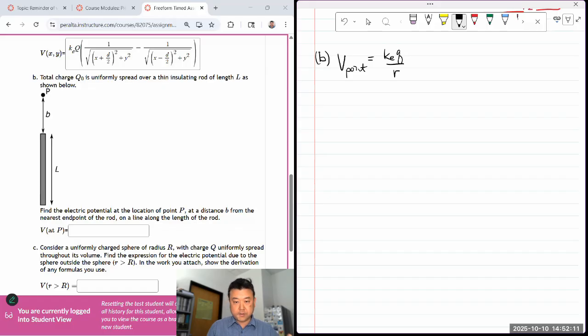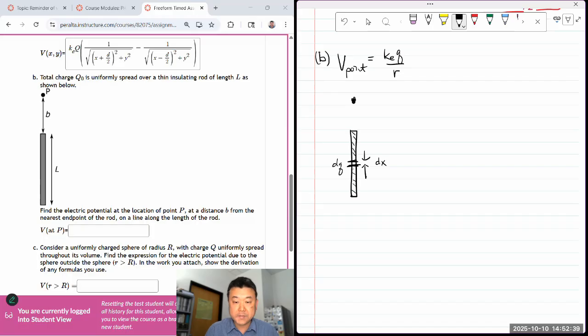So it helps to set up the integrand for a representative point. You can't use the formula for the point charge directly for the entire rod because it's spread out. Not all charges are at the same distance. So I'm going to consider one representative charge element spread over interval dx that has amount of charge dq.